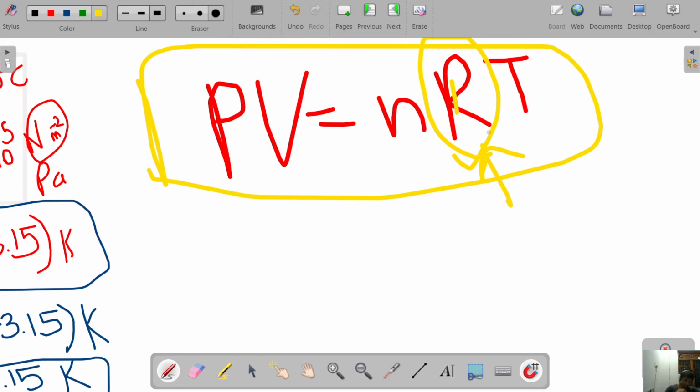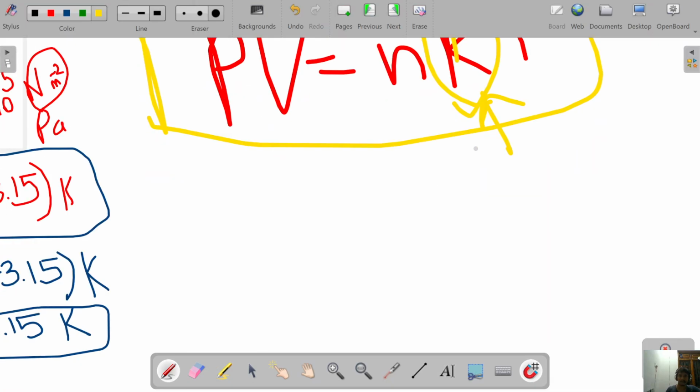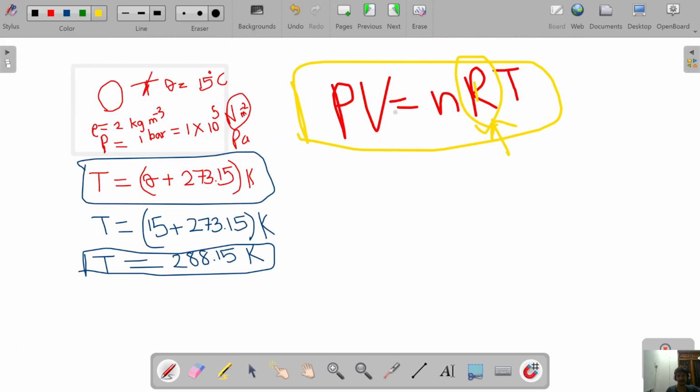But we have to find the characteristic gas constant. Therefore, we have to convert this equation to find it. Let's assume that the characteristic gas constant is Rc.